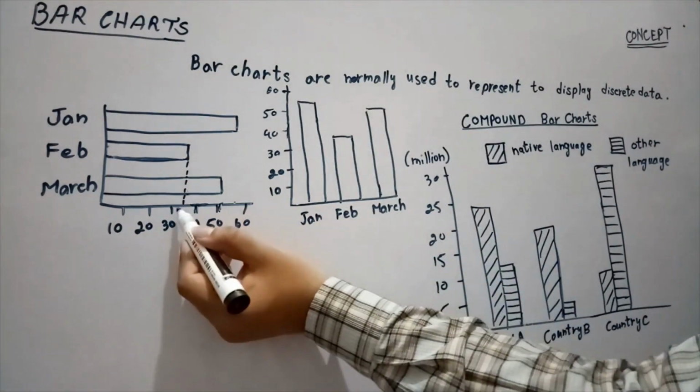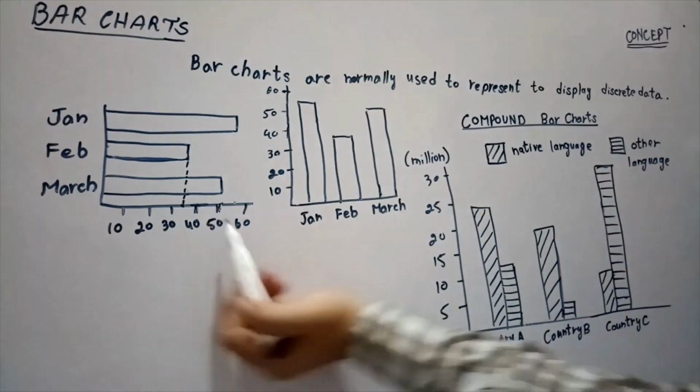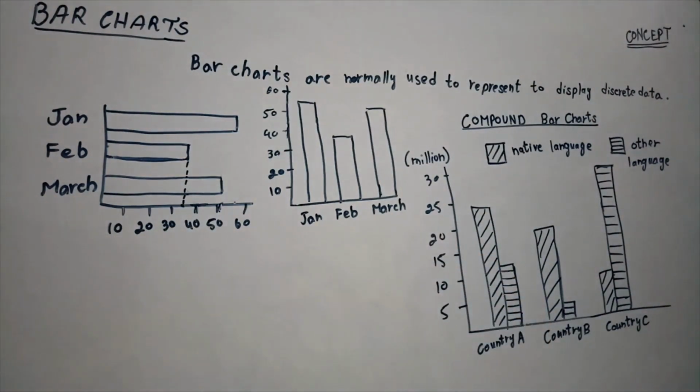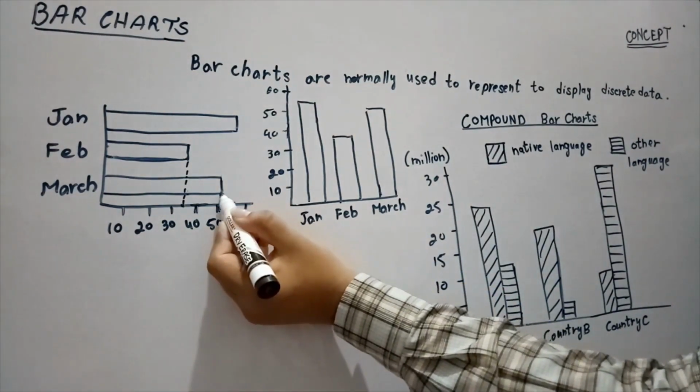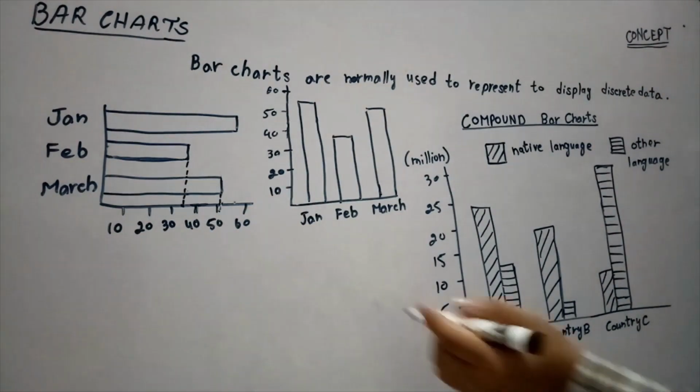This point is between 30 and 40, so we can say it is 35. So in February only 35 eggs were sold. On March you can see we have 50, so on March 50 eggs were sold.